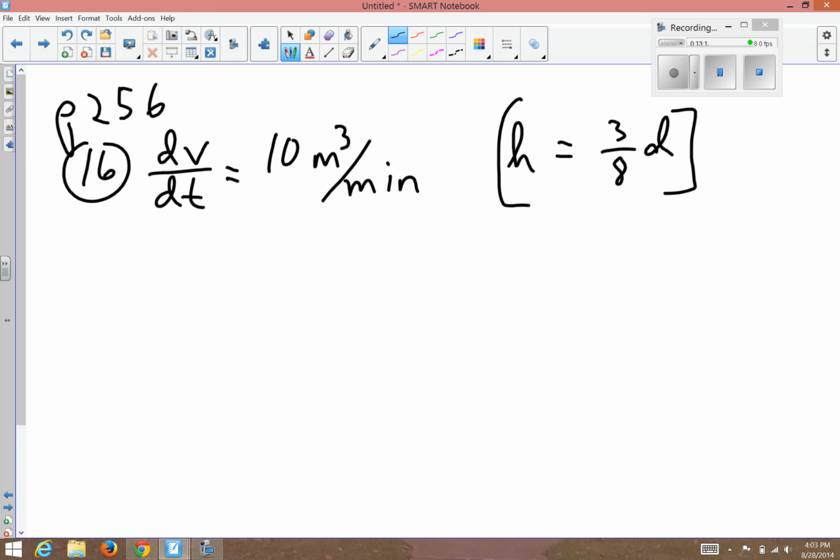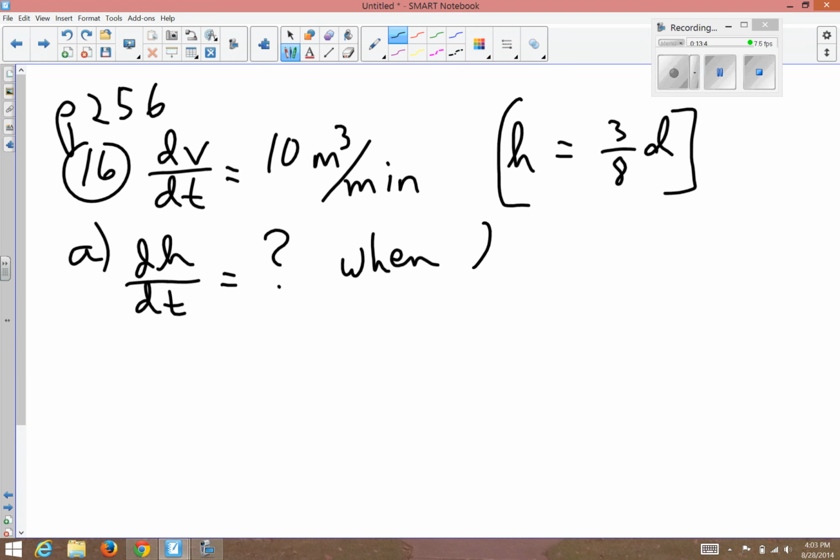We'll probably use that later. How fast are the height and radius changing? So we're going to just do part A. How fast is the height changing? So the derivative of the height with respect to time is what we are looking for. When, there's always a when something, when the pile is 4 meters high.